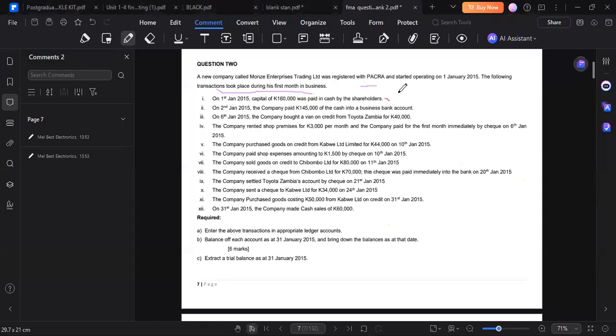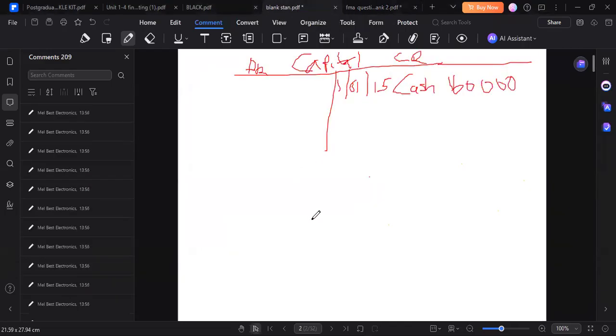So on this one, that one goes. On 2nd January 2015, the company paid 145,000 of the cash into the business bank account. So we're going to open up the business bank account.